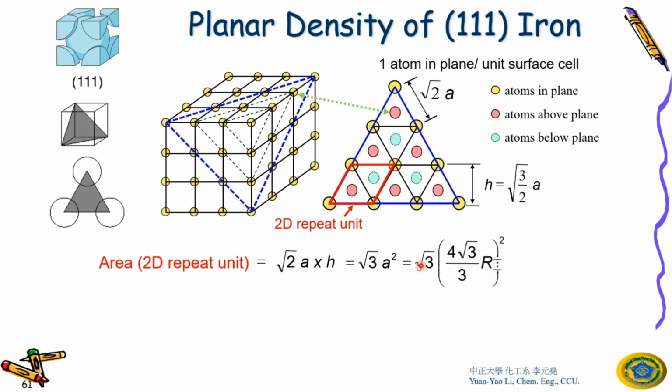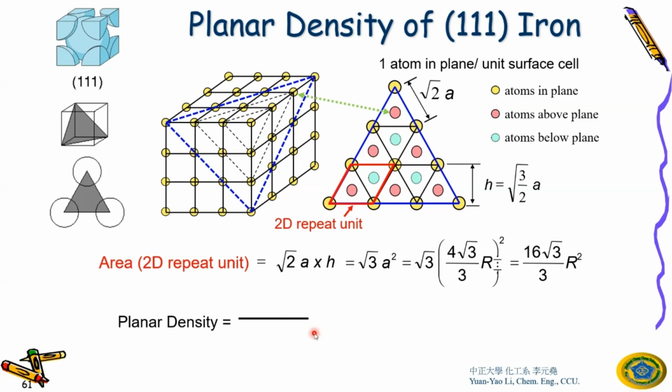So please remember the relationship between a and R for BCC and FCC and the SC. SC stands for simple cubic structure. Okay, so do the simple calculation.